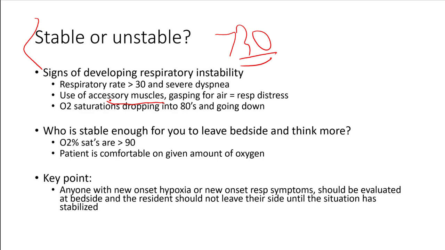Those are all signs of accessory muscle use and distress. That would be an automatic reason to intervene immediately with something, and often somebody who needs ICU level of care. And lastly, even if somebody doesn't feel too bad, oxygen saturations dropping below 80 should hint you into this being a developing urgent emergent situation, and you've got to make that better right now.